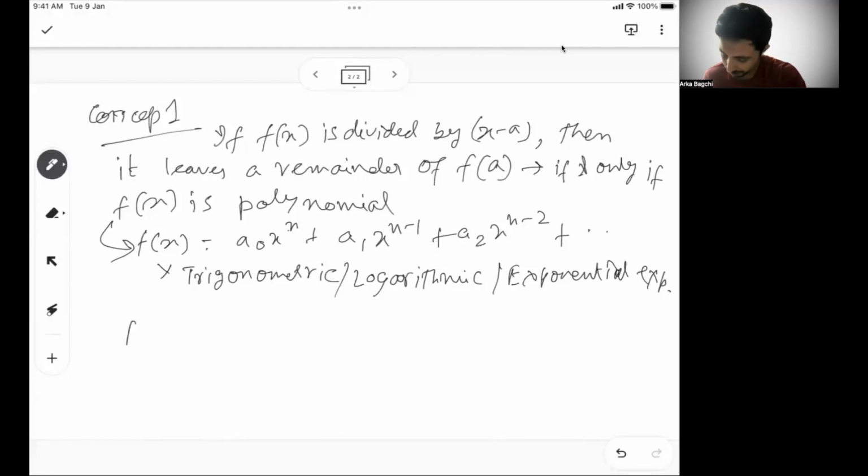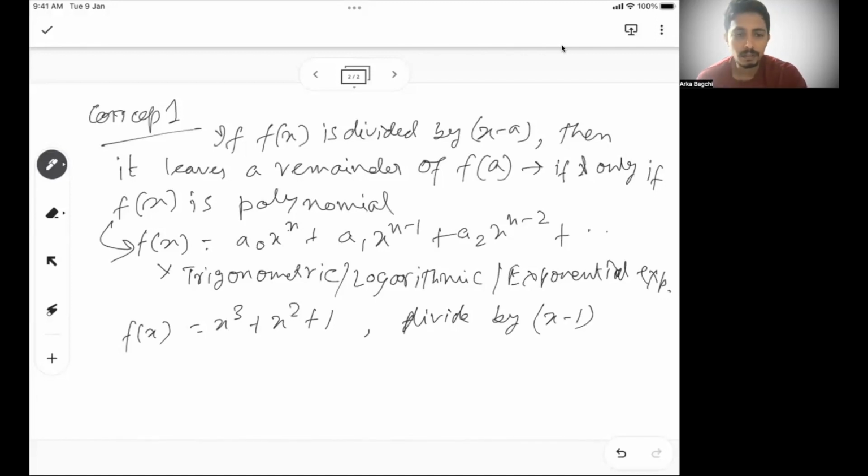So let's say my f(x) is x cube plus x square plus 1 and divide by, let's say, x minus 1. Okay, so let's do a normal algebraic division that we have learned till now. So x minus 1, x cube plus x square plus 1. So first we'll multiply with x square, so that I'll get x cube here minus x square here.